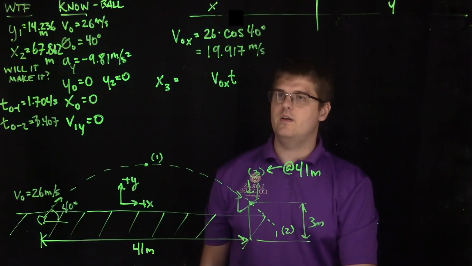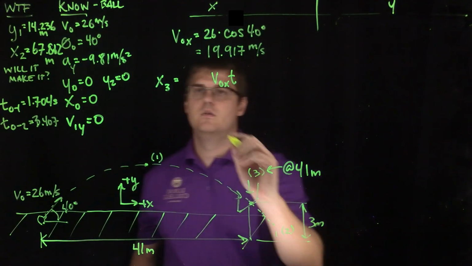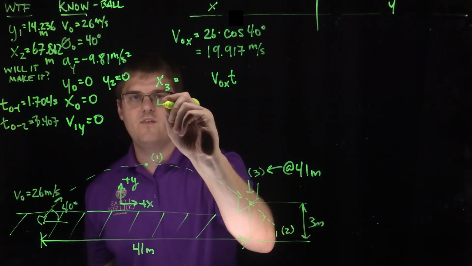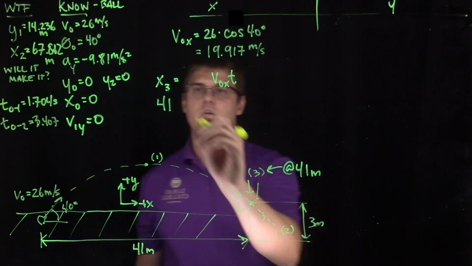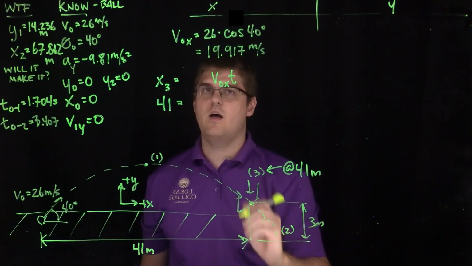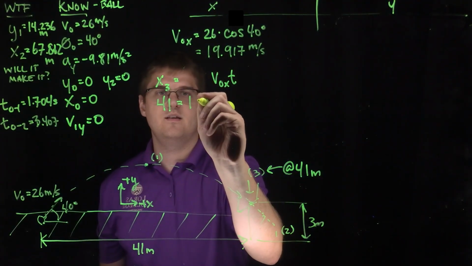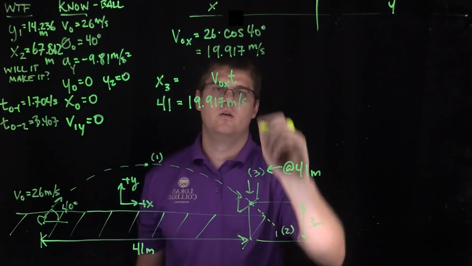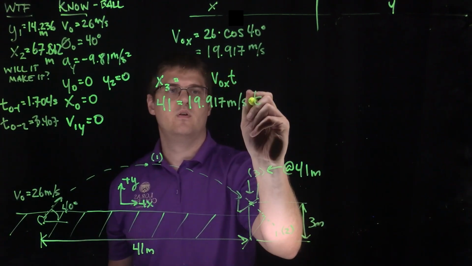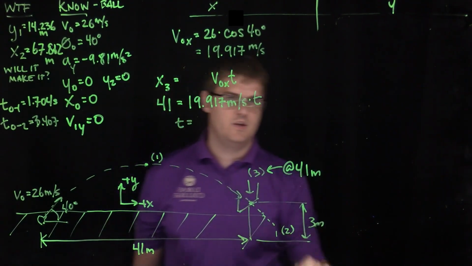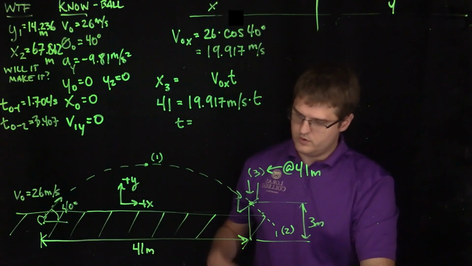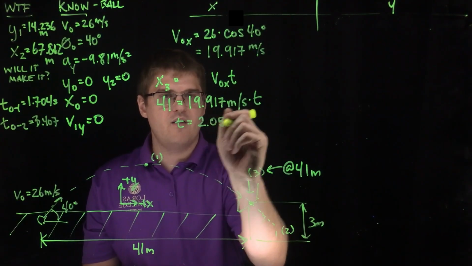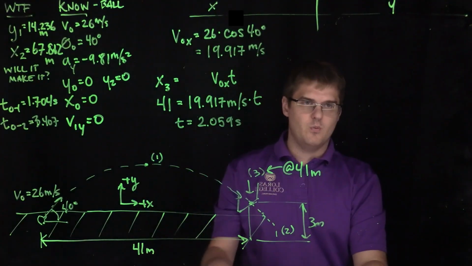So x at 3 is v naught x times t. I know my x at 3 because we defined that as 41 meters, is going to be equal to my velocity in the x initial, which is 19.917 meters per second times my time. So I can say that my time is going to be equal to 2.059 seconds.